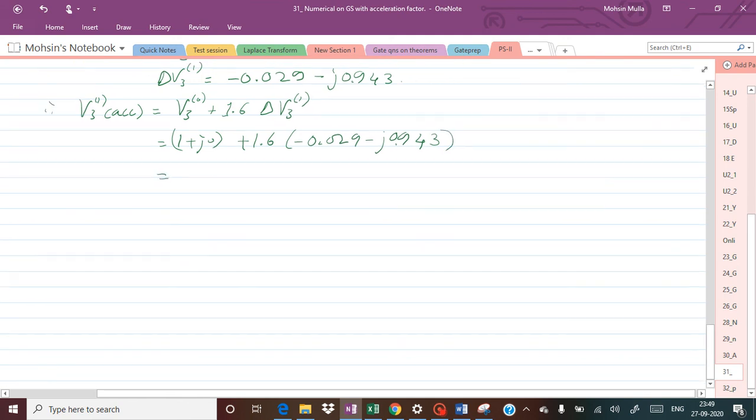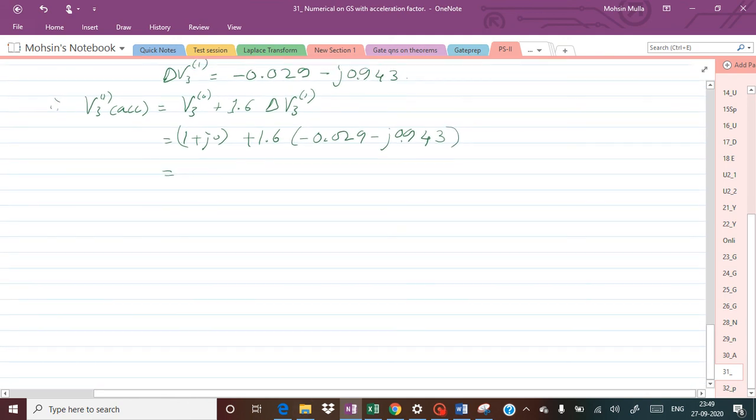Simplifying this, we get the final value of this accelerated V3 as 0.9536 minus j0.1509. So this is the accelerated value.